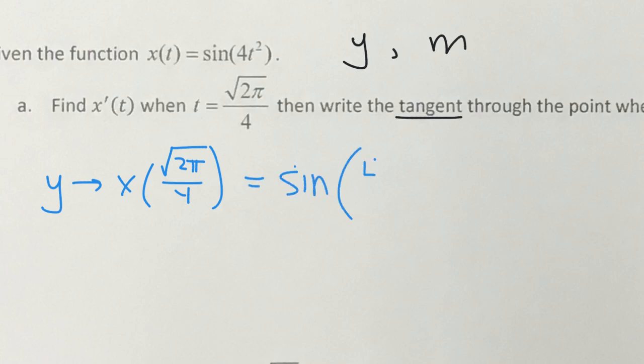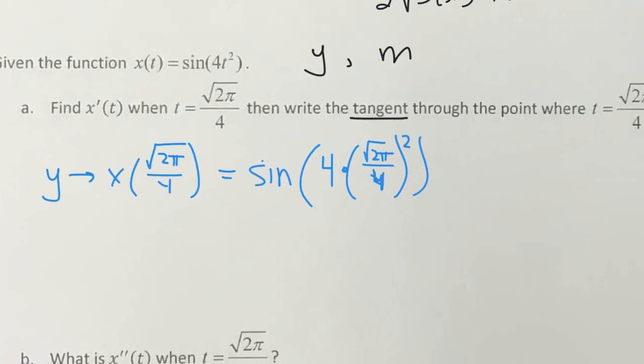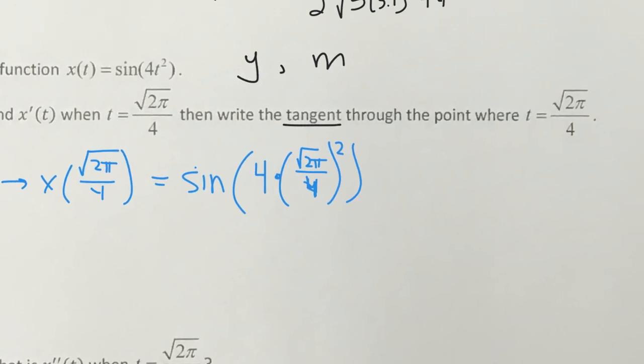So that's the sine of 4 times the square root of 2 pi over 4 squared. Let's do this very, very carefully, one step at a time. We're going to square the root, and we're going to square the denominator.